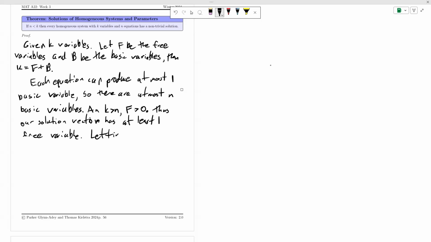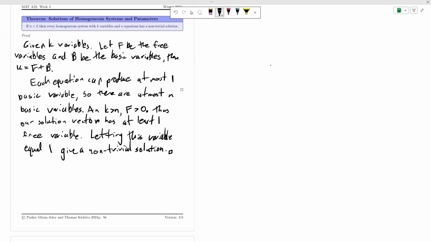Letting this variable equal 1 gives a non-trivial solution. And we have our proof. So we have at least one non-trivial solution.